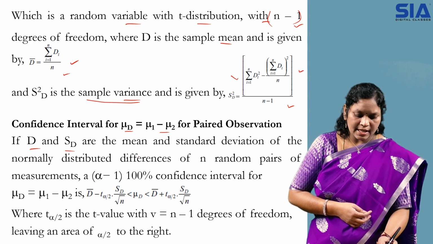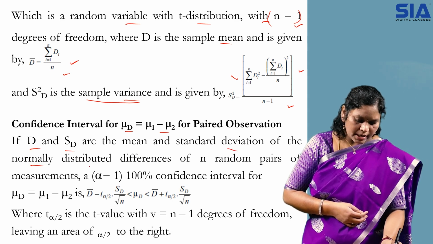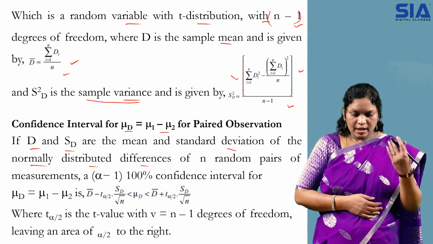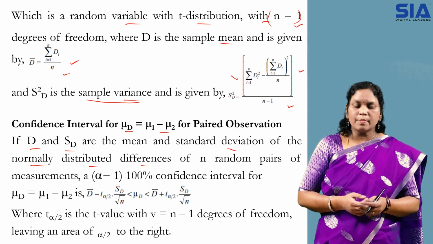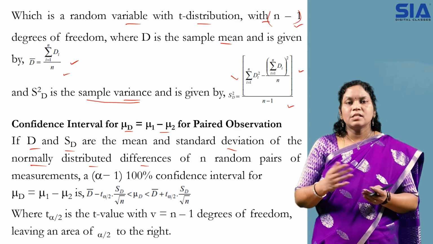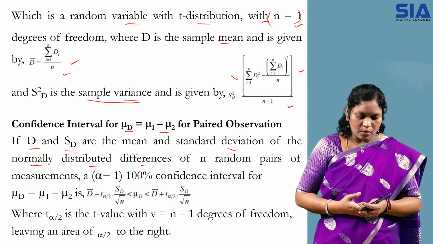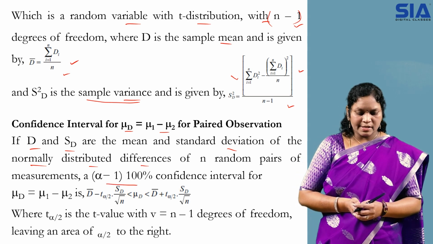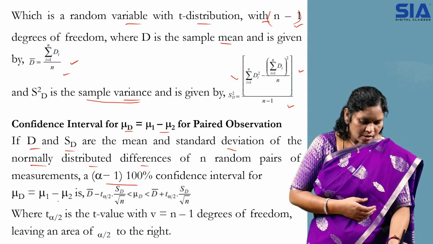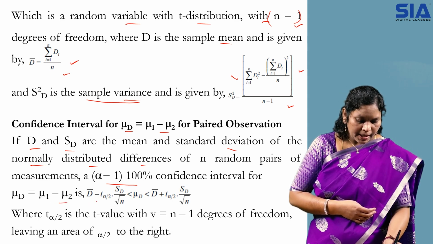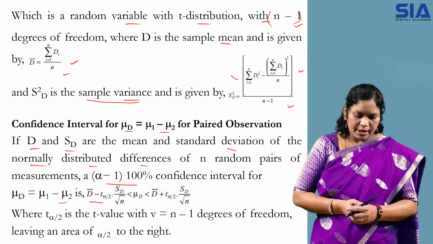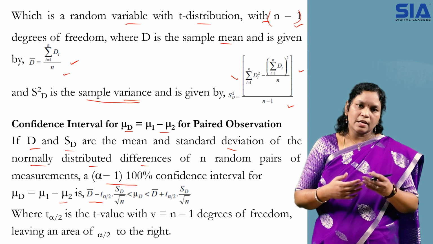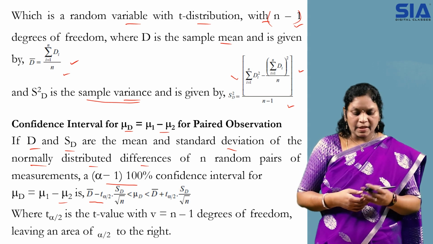If d bar and sd are the mean and standard deviation of the normally distributed differences of n random pairs of observations, so again n random observations normally distributed with d bar and sd values, how will the confidence intervals go? A (1 minus alpha) into 100% confidence interval for mu d, which is mu1 minus mu2, will be d bar minus t alpha by 2 sd by root n. Previously we discussed proportions and the like, and the same formula applies according to the t-test.